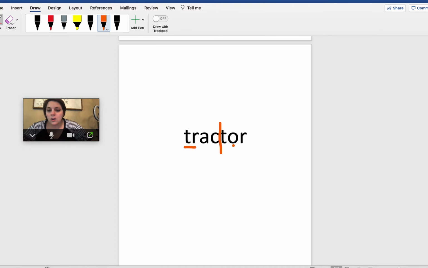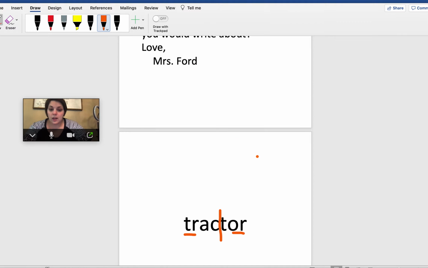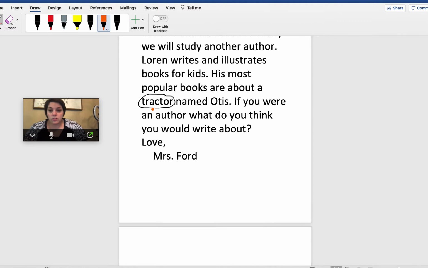And OR together say or, like for. So t, or, tor. Track, tor. Tractor. So it took me a minute to manipulate the sounds into a word that I know, tractor. Okay? So that word is tractor.